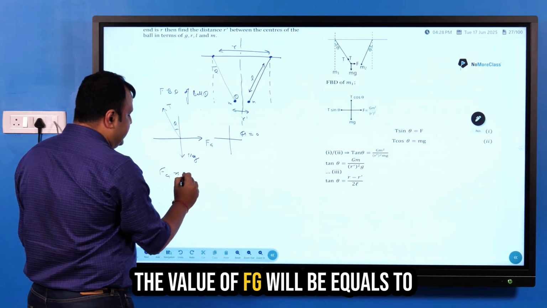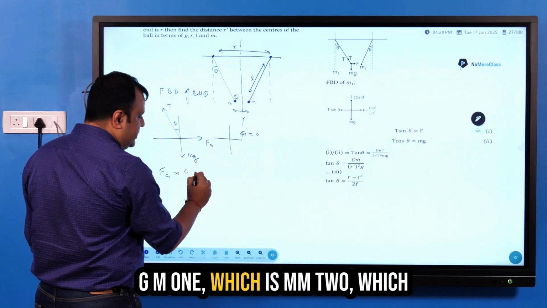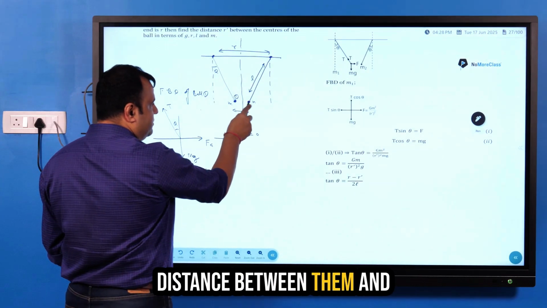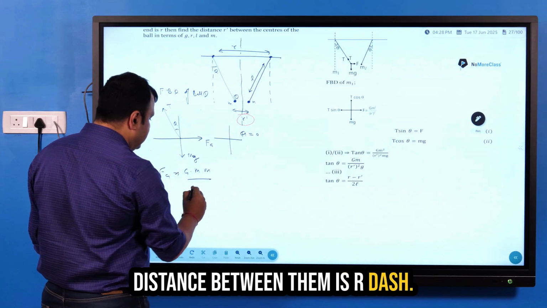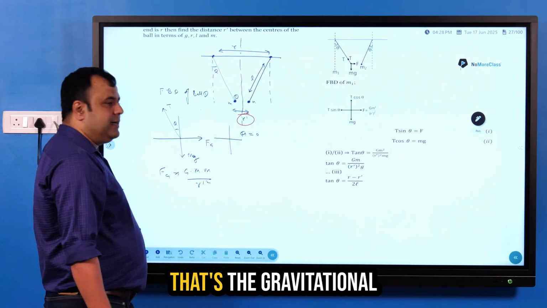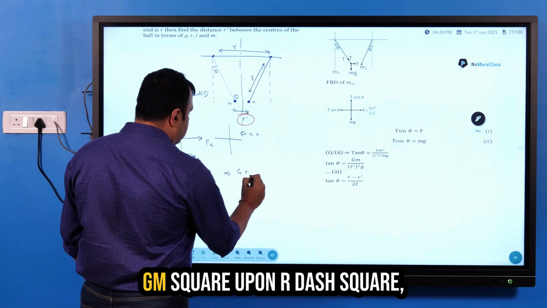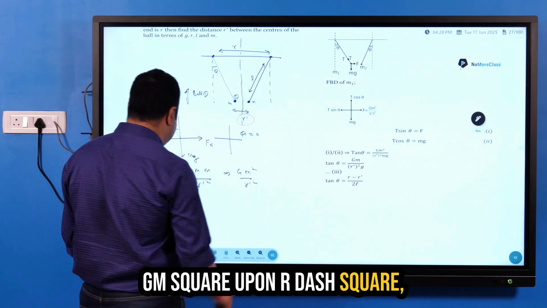The value of Fg will be equal to G m1, which is m, times m2, which is again m, divided by r square, the distance between them. And the distance between them is r dash, so r dash square. That comes out to be capital G m square upon r dash square. That's the gravitational force.